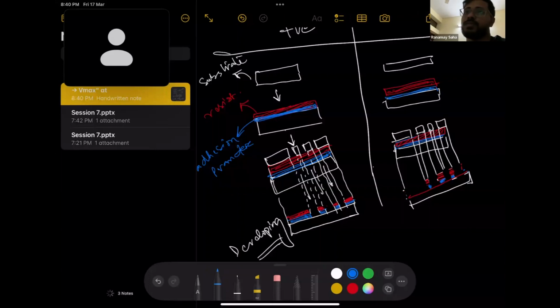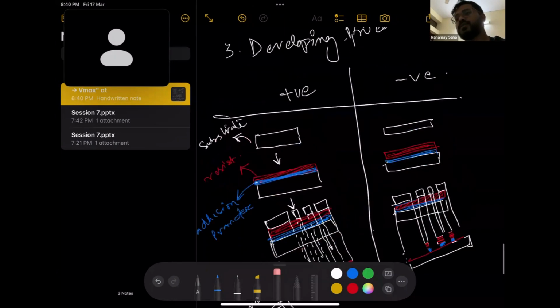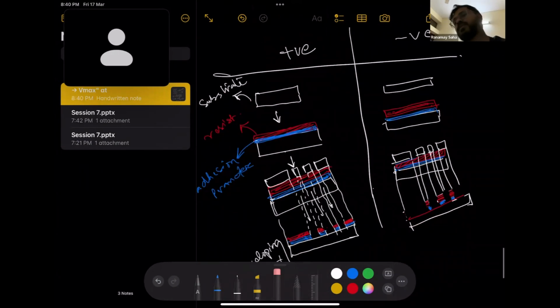So that happens to be your negative tone resist. These are the two types. I hope you got it now. You need to have a clear idea because you can find some questions out of this.